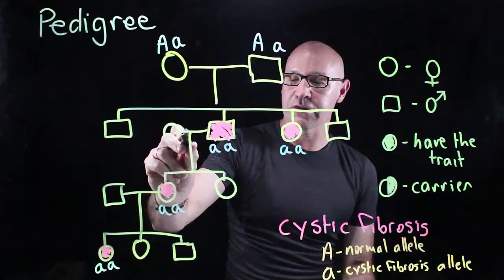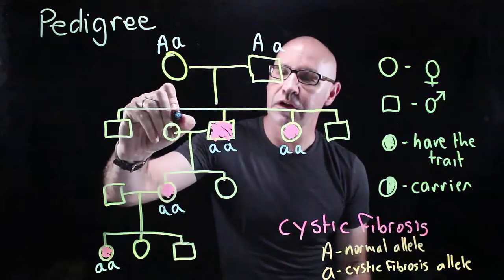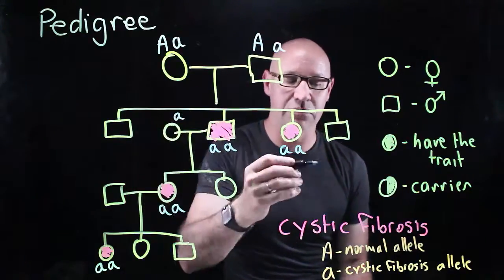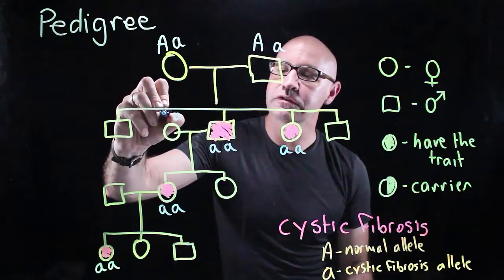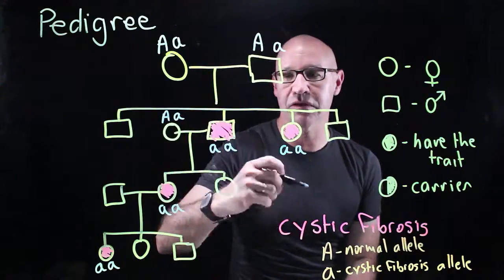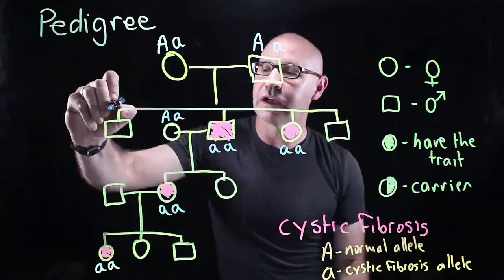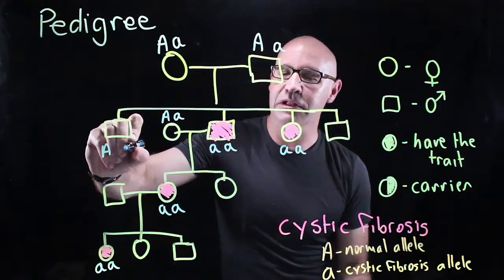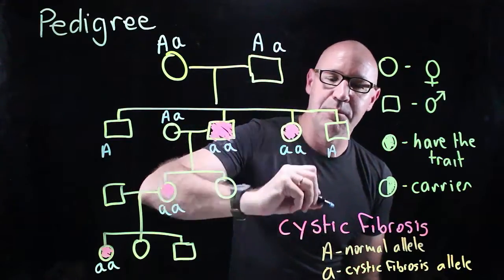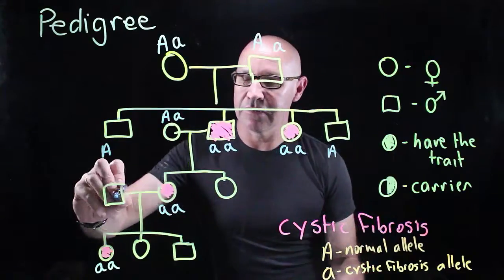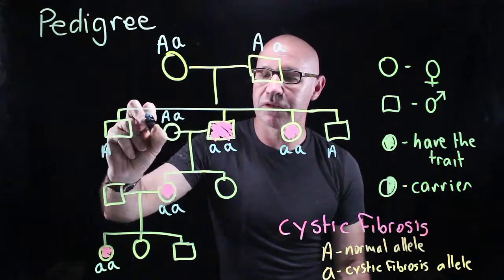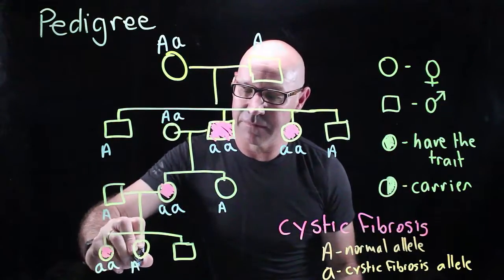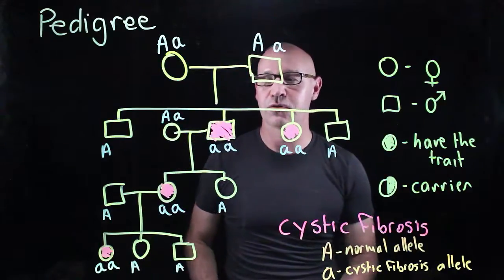Now, this person here also has it, so the mother must have a small a, the cystic fibrosis allele, but also we can put a capital A there because they don't have the condition. All of these others must have at least one capital A, because they don't actually have the disorder themselves, so we can put capital A's here for all of the ones that don't have the disorder.